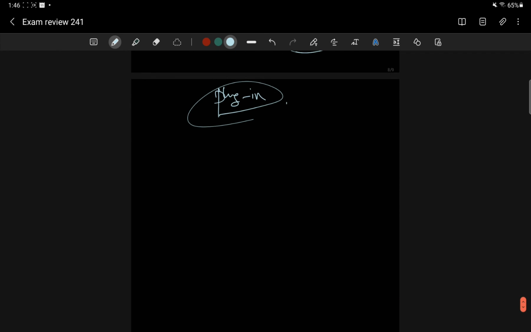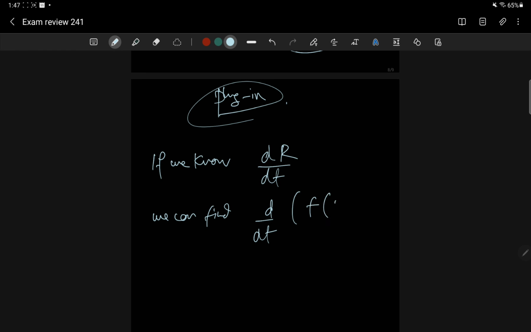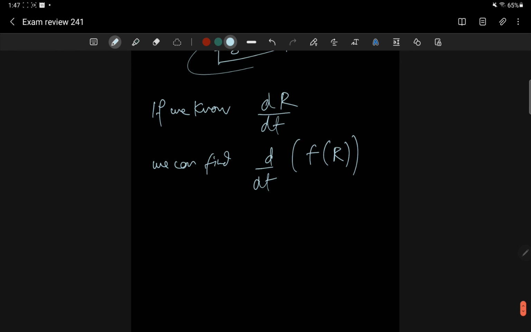So essentially this is what we're saying, is that if we know, say, dR over dt, we can find d over dt of some function of R, right? Because we know that then this is just going to be f prime of R times dR over dt.